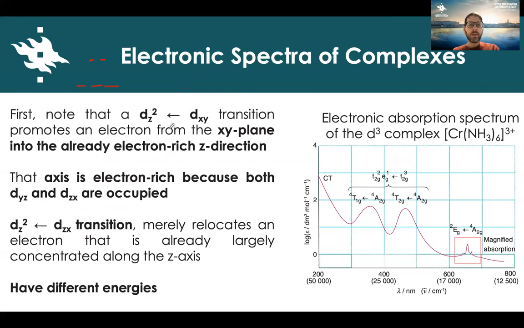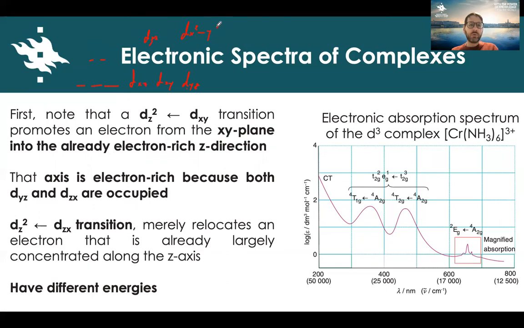So in the t2g level, we have dxy, dxz, and dyz orbitals. And here in the eg level, we have dz squared and dx squared minus y squared.